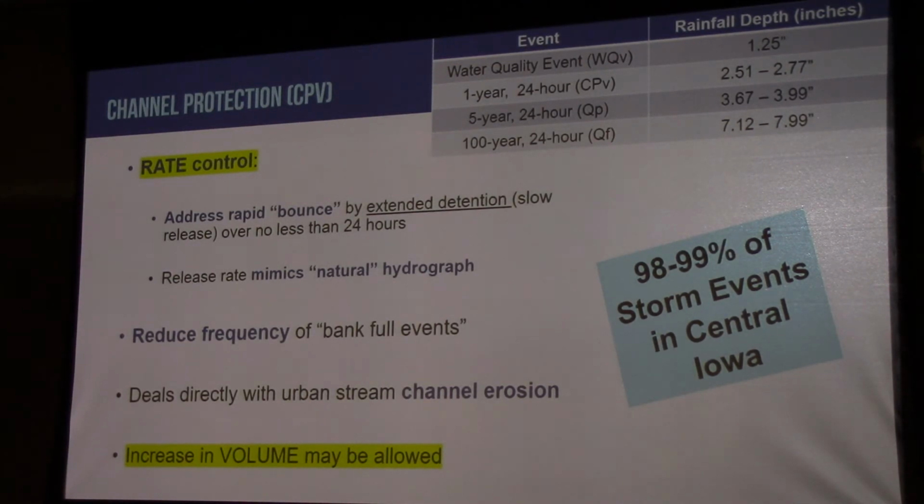We're trying to mimic that more natural flow, where you'd see a base flow and the water would slowly rise and slowly fall. That will reduce the frequency of these bankfull events, and it deals directly with urban stream channel erosion. So especially the smaller urban streams in our neighborhoods that only drain maybe a few hundred acres, those are the ones that are most susceptible to this kind of effect and what this standard really deals with.